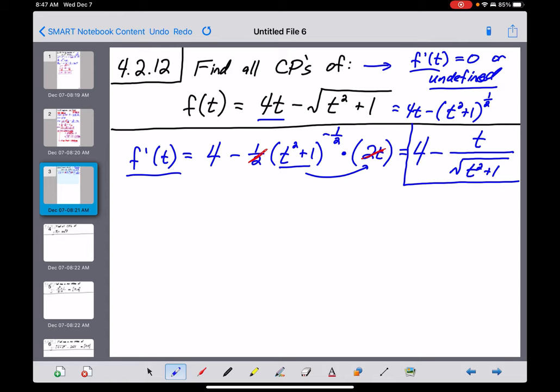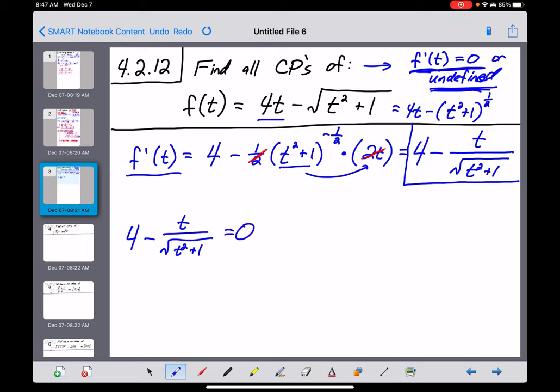What we're interested in now is are there any values of t for which this derivative is either going to be 0 or is going to be undefined? Okay, so let's start playing around with that idea. First, let's worry about it equaling 0. 4 minus t over the square root of t squared plus 1.